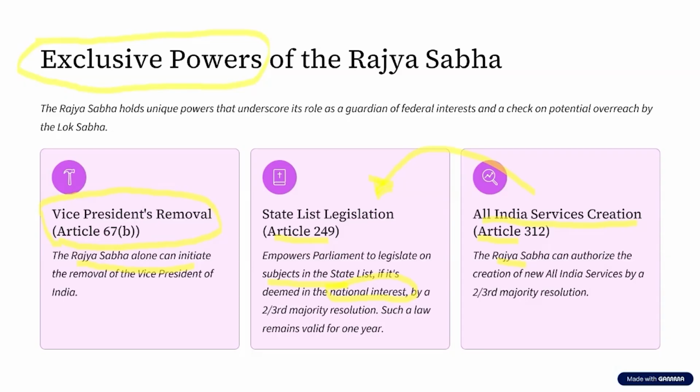Once Rajya Sabha passes this resolution, then the Parliament can create a new All India Service. So I hope this is clear to each and every one of you. So these are the three exclusive powers of the Rajya Sabha.